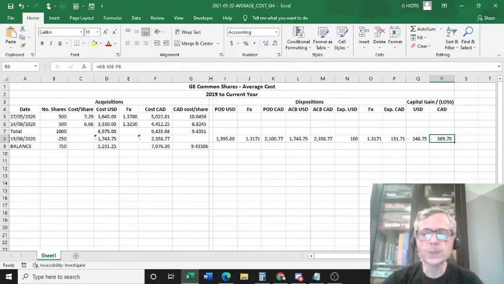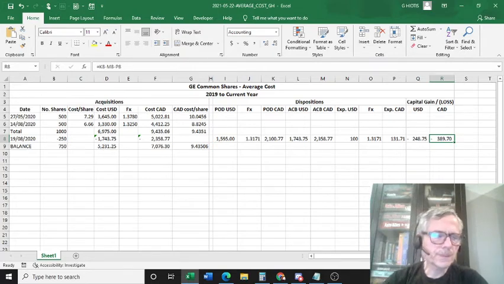We have to convert everything to Canadian dollars. And with disposition of common shares, you have to do the conversions at the time of purchasing and selling the shares.